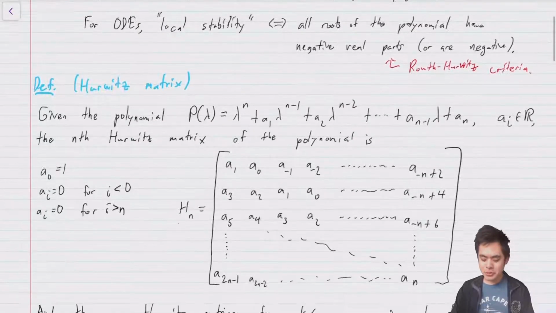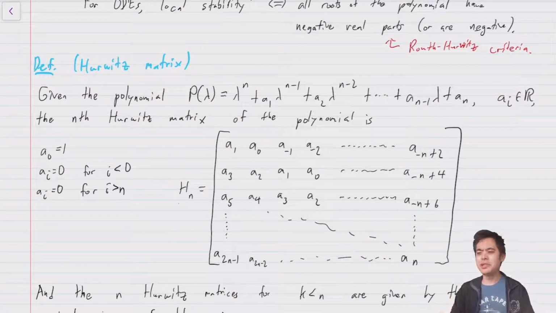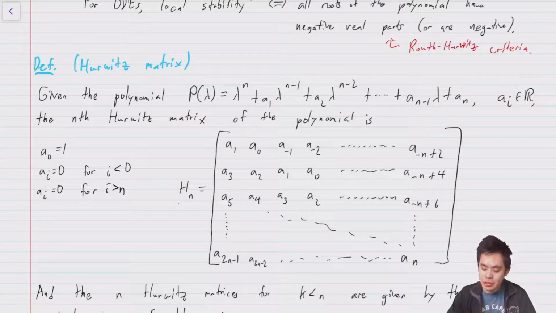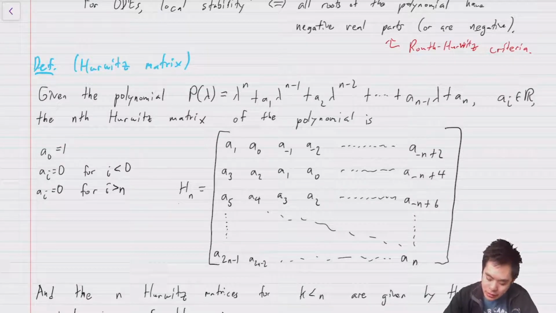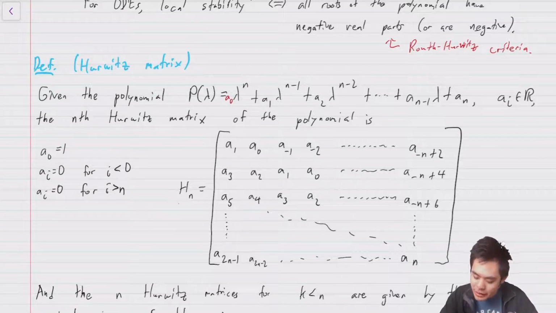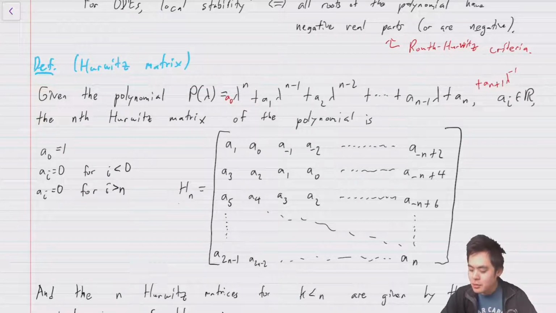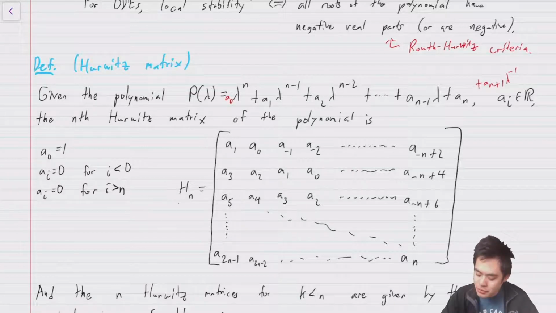So the first thing we did was to define this really weird matrix called the Hurwitz matrix for each polynomial. And for this, we take each of the coefficients, and here you can imagine we have an a0 here. And you can also imagine you have an a(n+1) lambda to the minus 1, etc. But of course that coefficient is just 0. So this is equal to 0 and this is equal to 1.